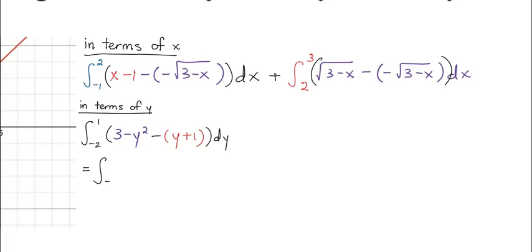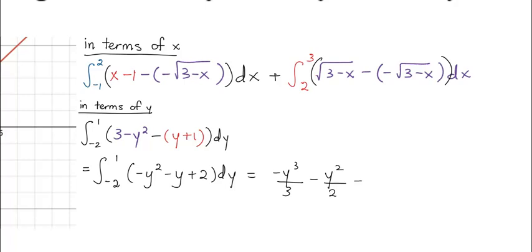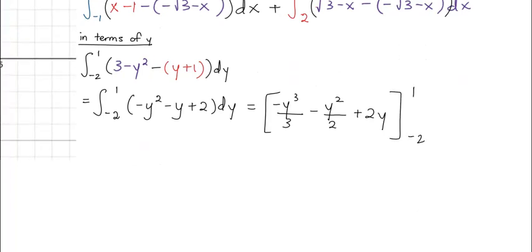So simplifying our integrand, we're integrating from -2 to 1 of -y squared minus y plus 2 with respect to y. So we get -y cubed divided by 3 minus y squared divided by 2 plus 2y, and all of this is evaluated from -2 to 1.